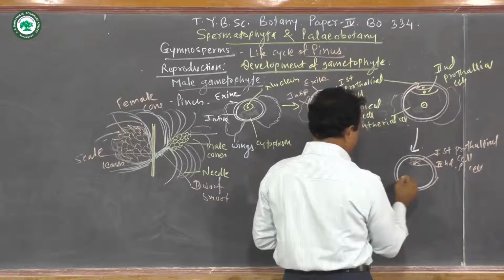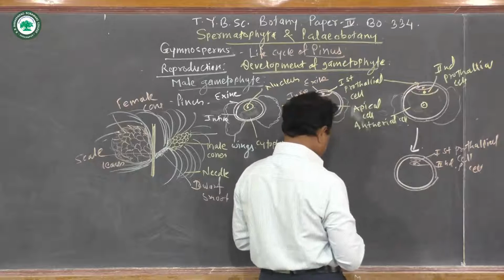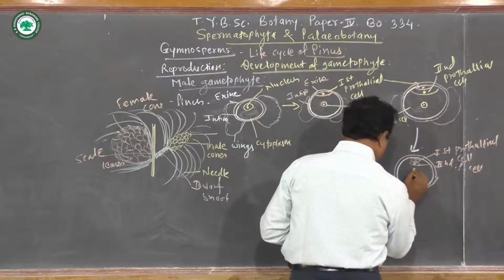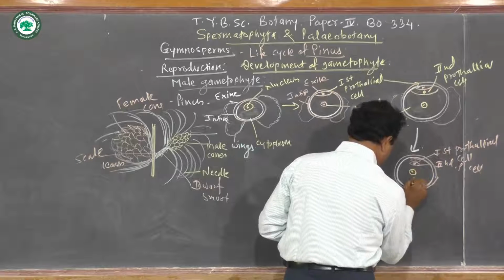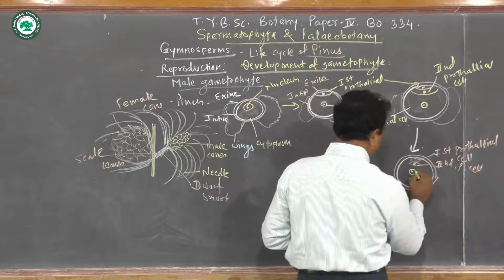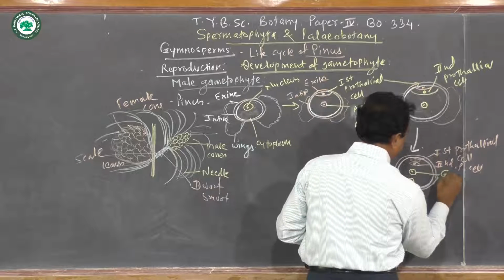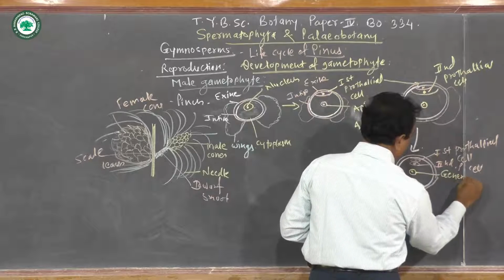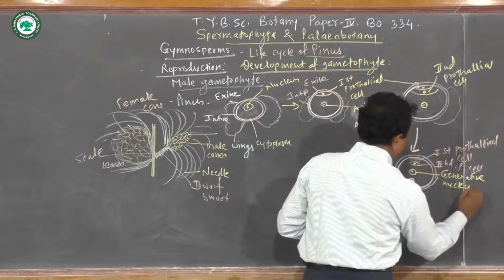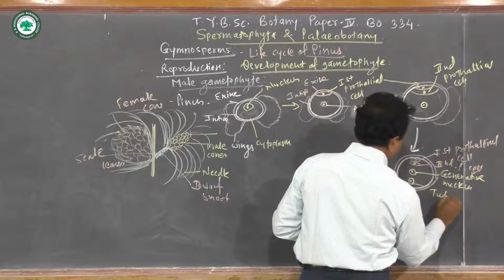And this antheridial cell divides, and there is formation of two cells or two nuclei. One is called the generative nucleus and the second is called the tube nucleus.